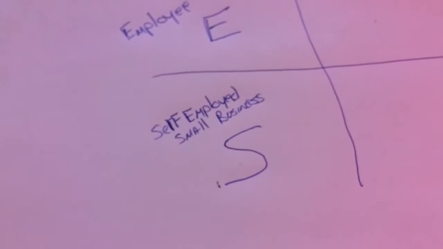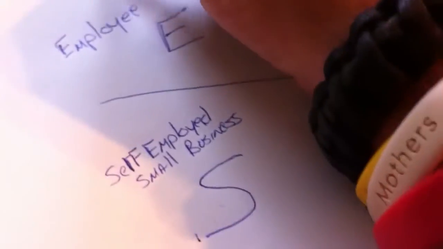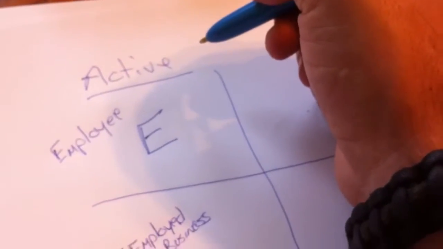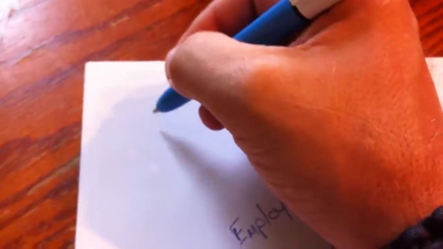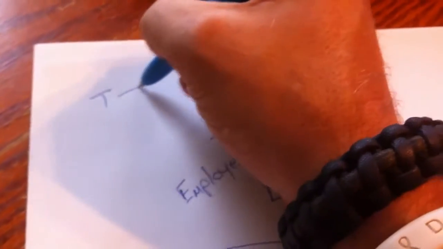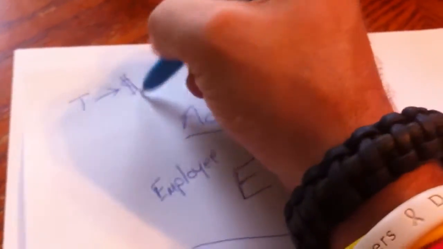Whether you're an employee or self-employed, you basically have the same mechanism. You're still working either hourly or by a salary or by a set rate. What that's commonly referred to is active income. Basically, active income means that you trade your time for money.